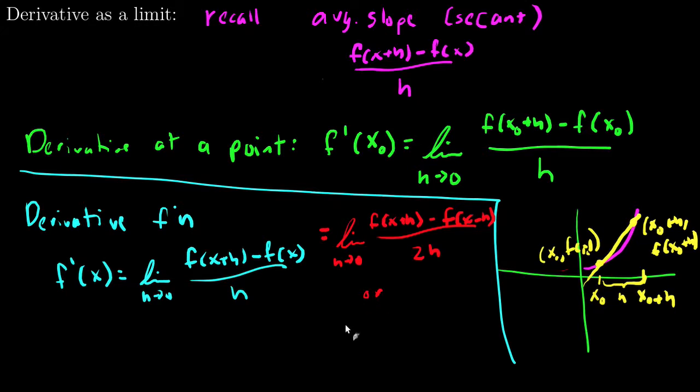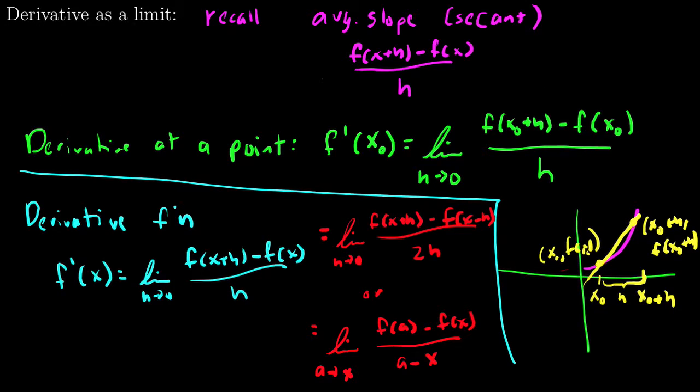Or I could also have the limit as a approaches x of f of a minus f of x over a minus x. The trick to all these is I'm moving 2 points closer and closer together and considering the slope between those.